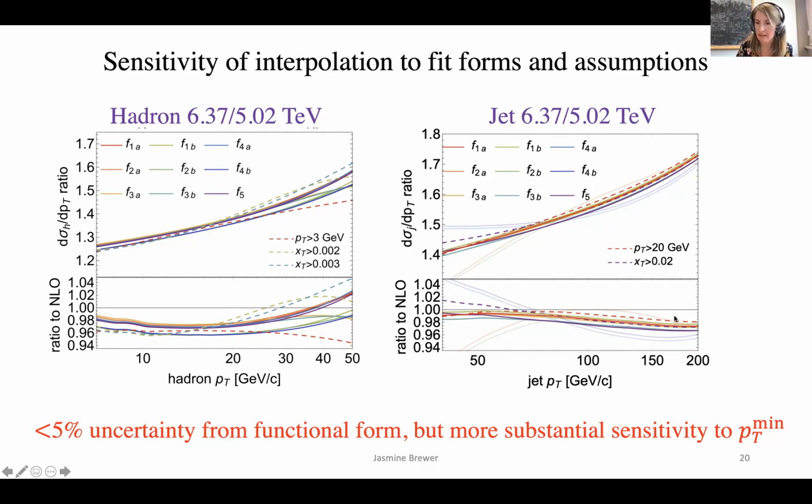But again, at least at high PT, there are order 2% deviations of these data-driven results from the next leading order perturbative QCD calculation. So there's some difference which you would get in the spectra based on whether you interpolate or whether you use perturbative QCD.